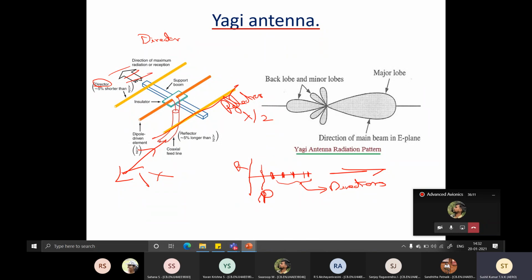Now in ILS, can you guess which equipment will be having this Yagi-Uda antenna? Yagi-Uda is a refinement of Yagi. Actually, they're all Japanese researchers who initially came out with these things. It's open to the class, anyone can guess.